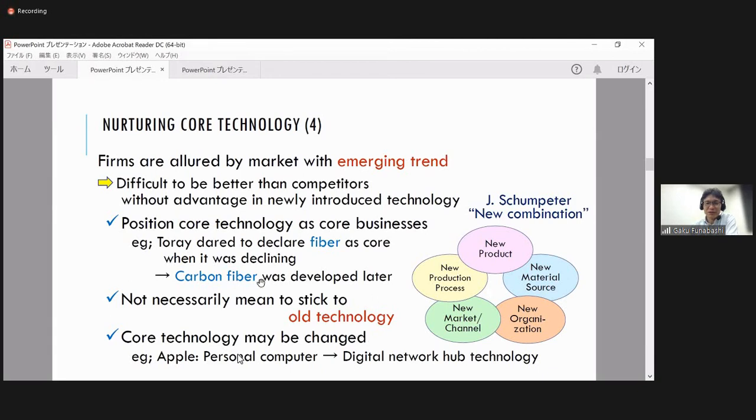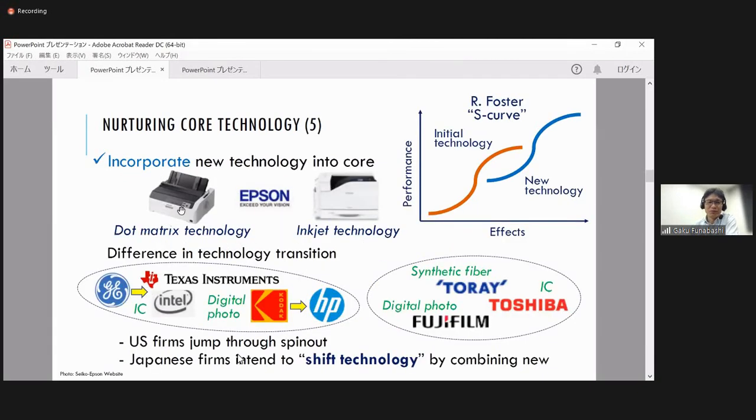Here is an example. A company called Epson also produces printers. First, they produced this kind of printer. It used dot matrix technology.